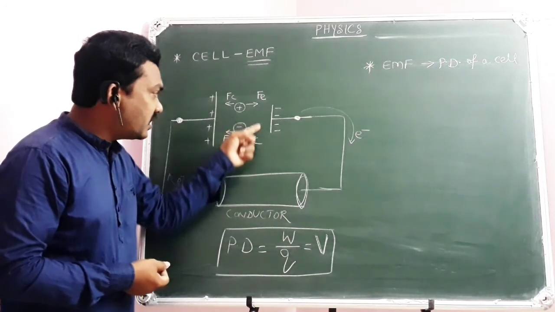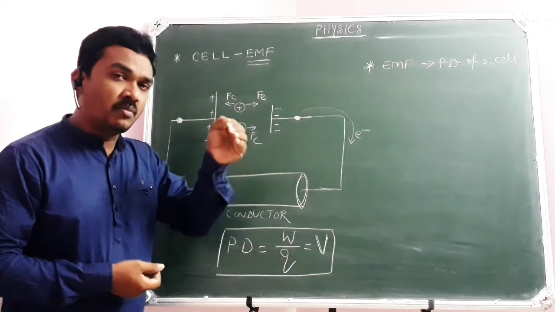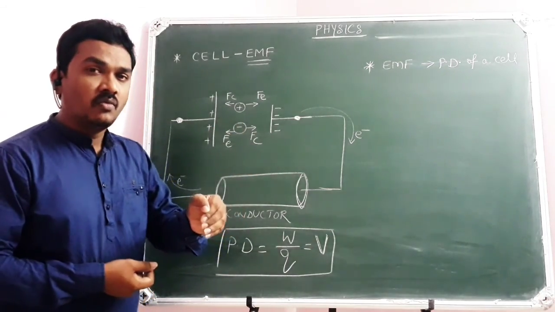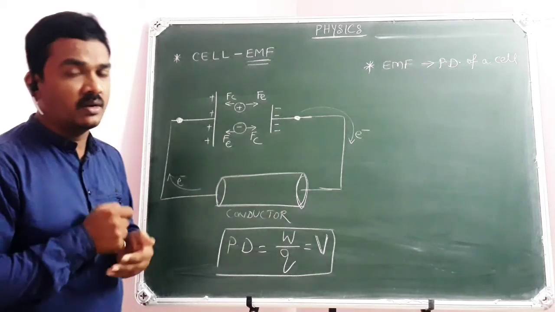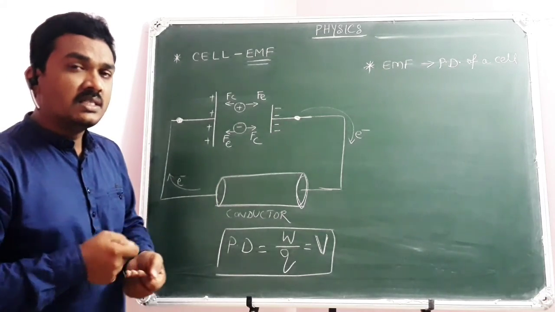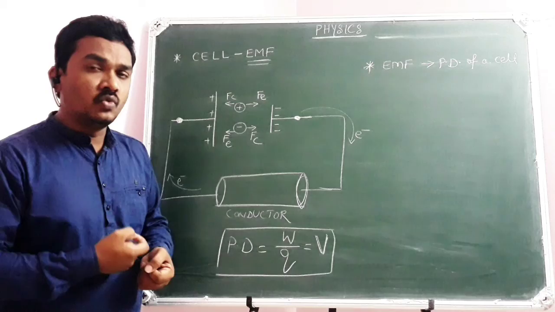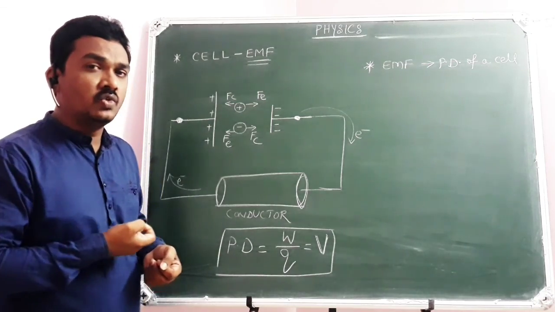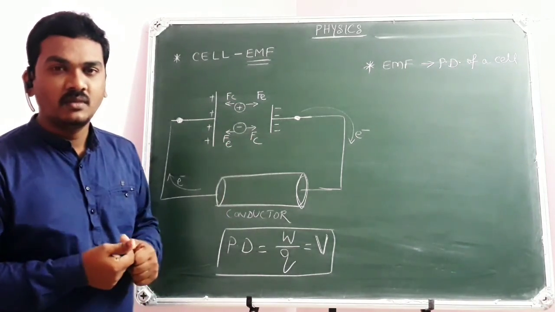The electrolyte in between the terminals of the cell may offer some resistance for the flow of ions from one terminal to another terminal. Then in that case, some amount of energy will be consumed to overcome that objection offered by the electrolyte.